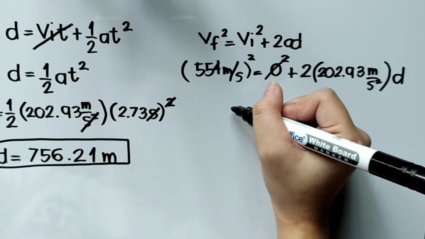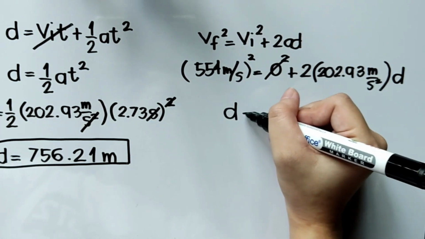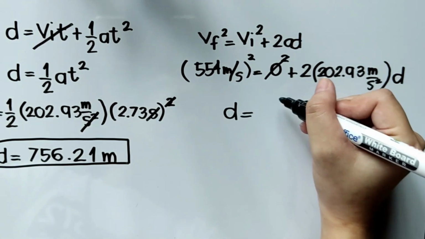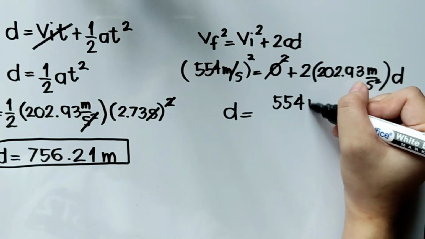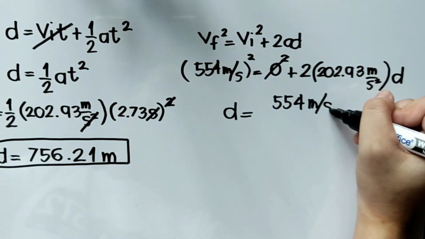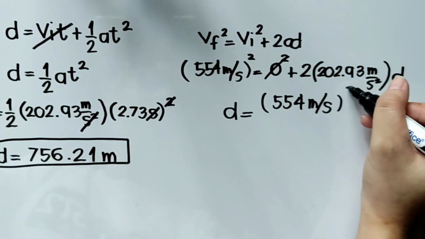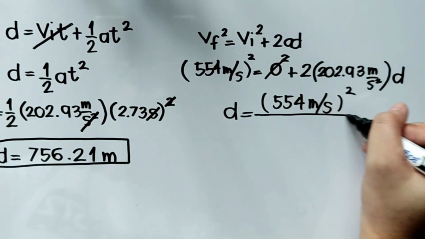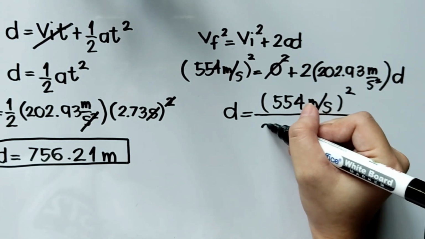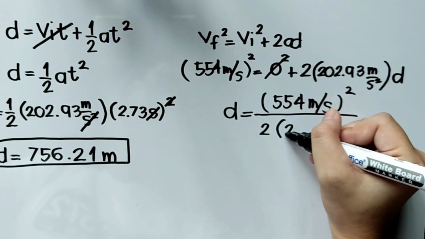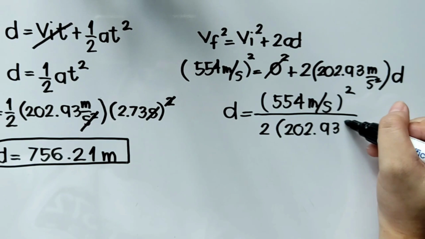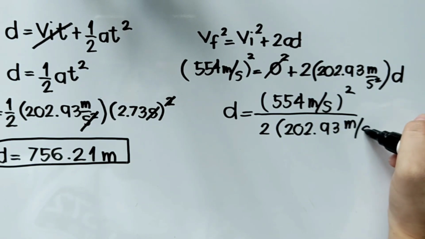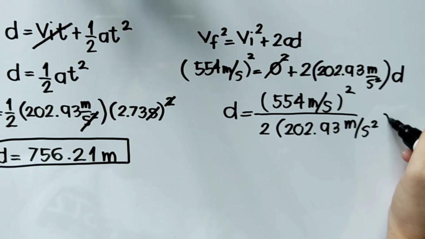So d will be equal to 554 meters per second squared divided by 2 multiplied by 202.93 meters per second squared.